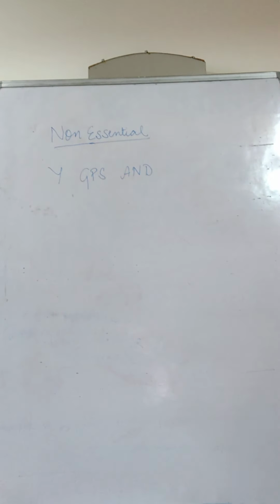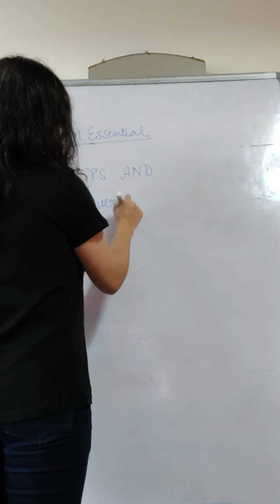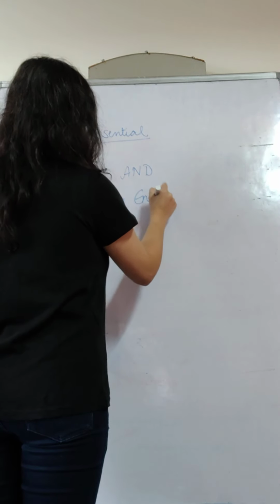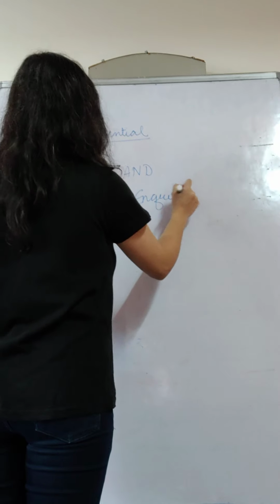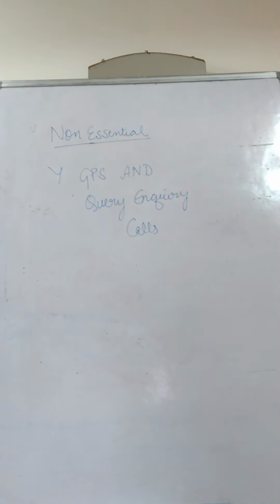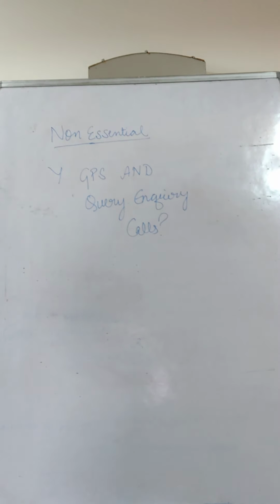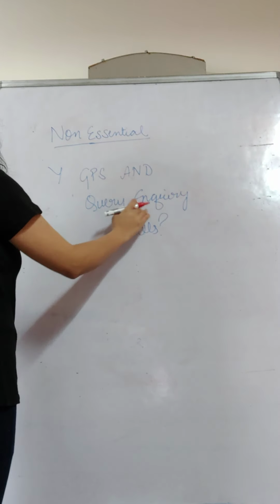Y GPS and query inquiry calls, correct? If somebody is lost, then we go for a GPS and also query inquiry calls.